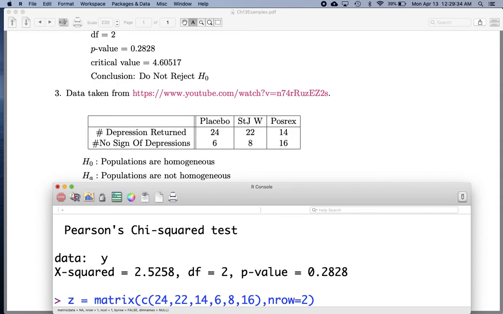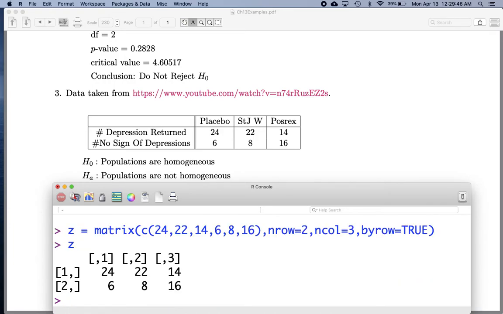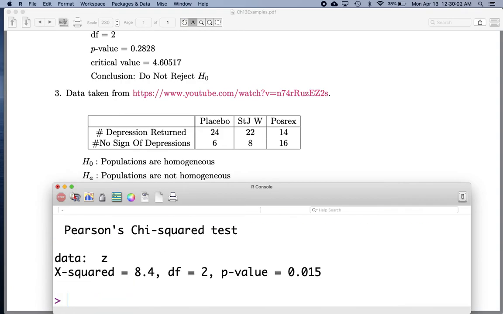There are again 2 rows and 3 columns, and I like to input everything by row, so by row is going to be true. Just to make sure everything is in the right order, I like to print the matrix Z, and then we're going to run the chi-squared test for Z.